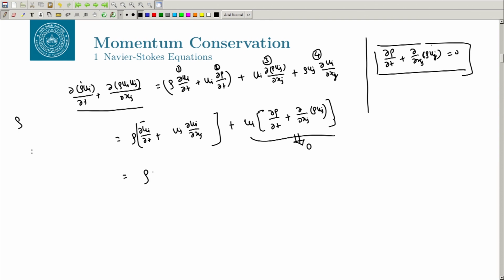So, then this will give you ρ(∂u_i/∂t plus u_j ∂u_i/∂x_j), right. If you want to write in a vector form, this will be ρ(∂u/∂t plus u·∇u), okay.